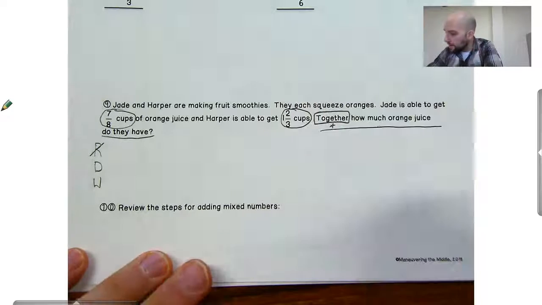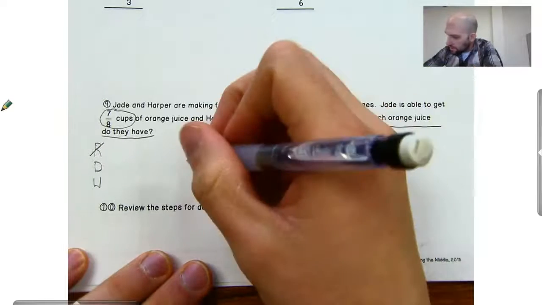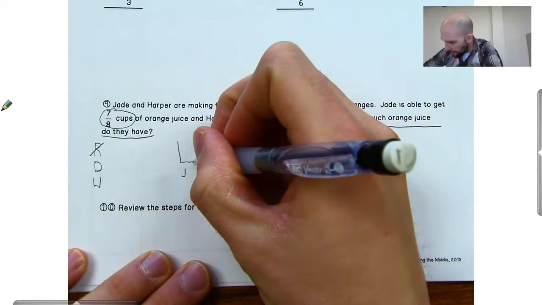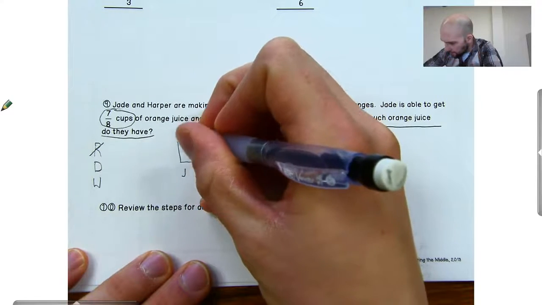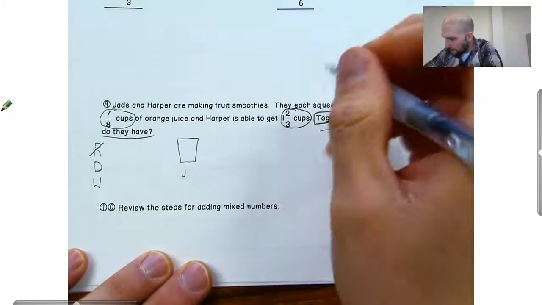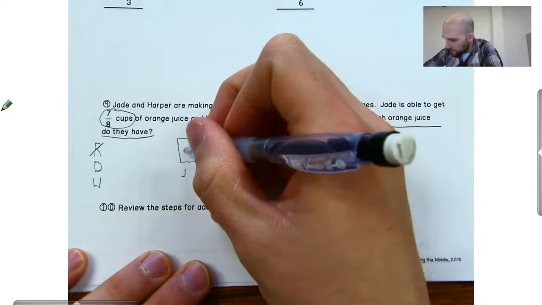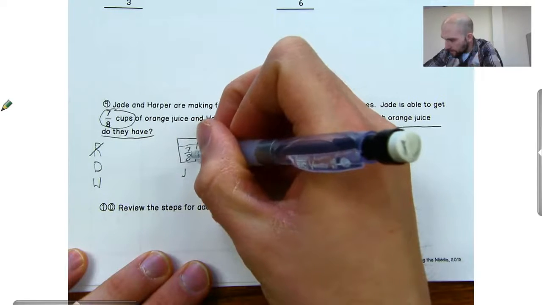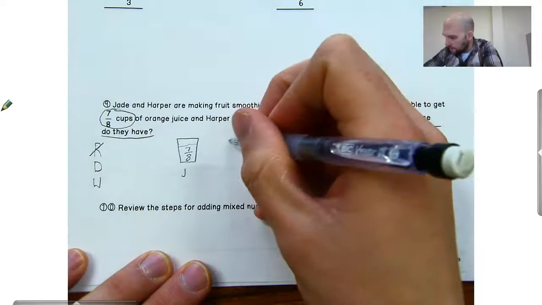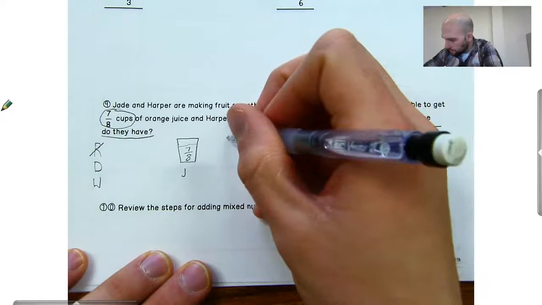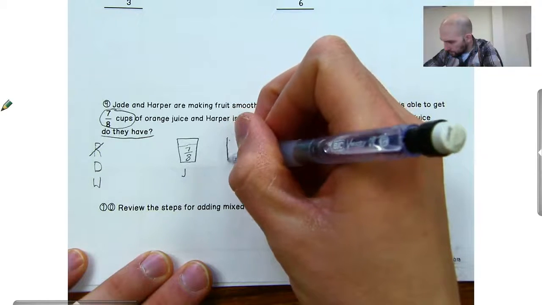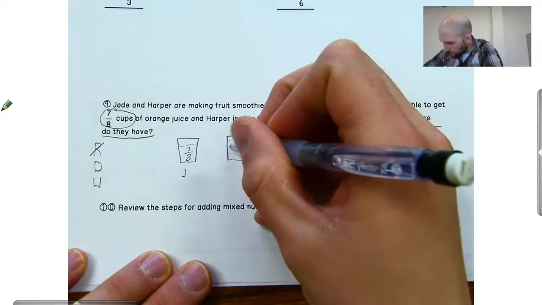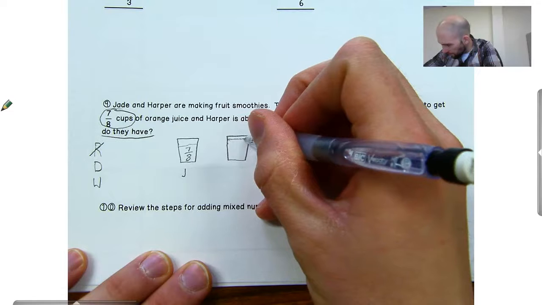So I'm going to make Jade's orange juice. I'm just going to draw a glass here, and I have 7/8. And then I have another glass here, filled a little bit higher.